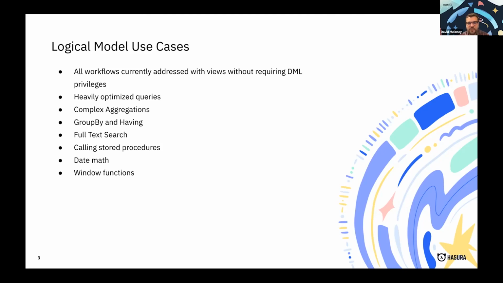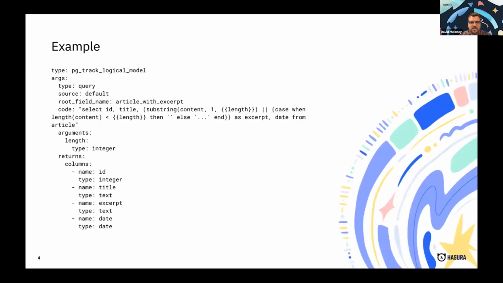At some point in the future, we will probably support some kind of group by method in our auto-generated schema, but we'll never be able to address all of the group by workflows that you could ever dream up. So this will obviously help a lot for that. And then full text search, calling stored procedures, complex date math and window functions are just some of the things that users have come up with in interviews.